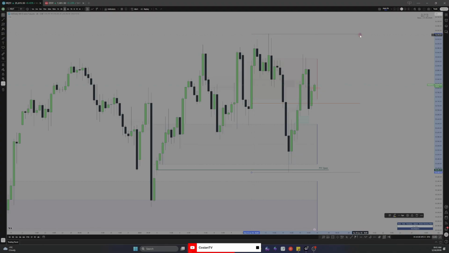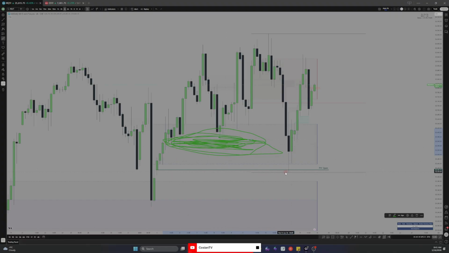Overall, as I said, it's a bullish market on the weekly, and we see liquidity grabbed here below this low. This is, think about this as a liquidity pool, everything around here.